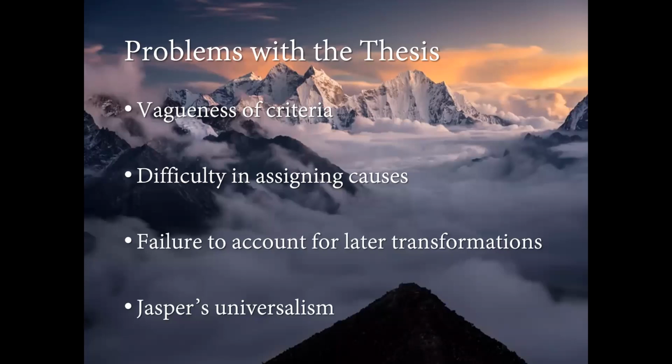It kind of goes on with the second problem, that there's difficulty in assigning causes for this. Yes, of course, there's definitely political upheaval going on. Yes, the rise and fall of great empires can cause these things, but not necessarily. We'll get to this in a second. It's not like ancient Israel is a great empire.